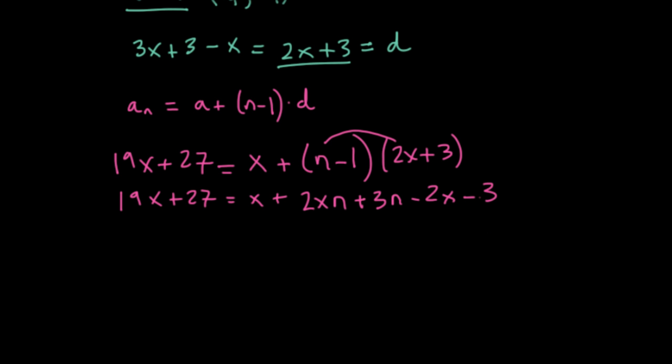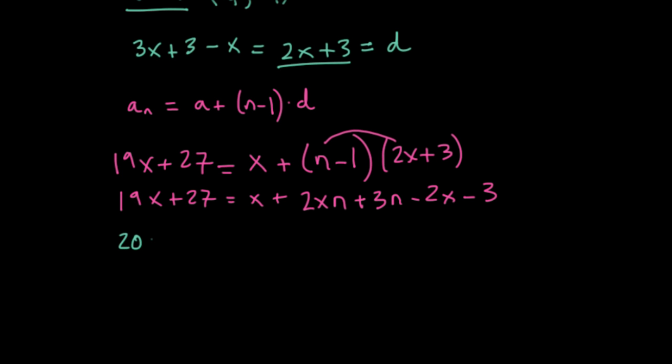Right, that's just a normal FOIL or distributive property, and now we need to put everything on the left side. So here we have negative 2x and then x, so x minus 2x is negative x, right? If I join these two, I get negative x. So if I pass it to the other side, I get positive x.